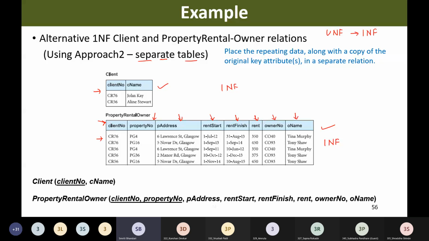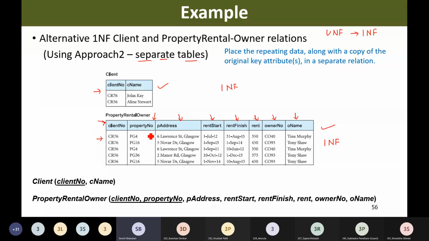Is that clear? So in this approach, we have created two separate relations. Whichever attributes have repeated data, those attributes are separated and we form a new relation out of them.